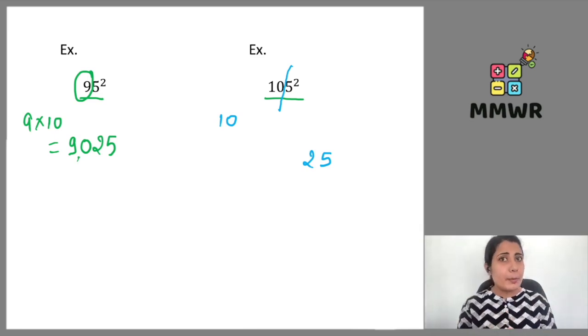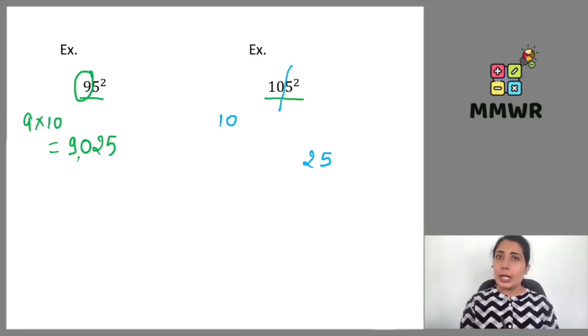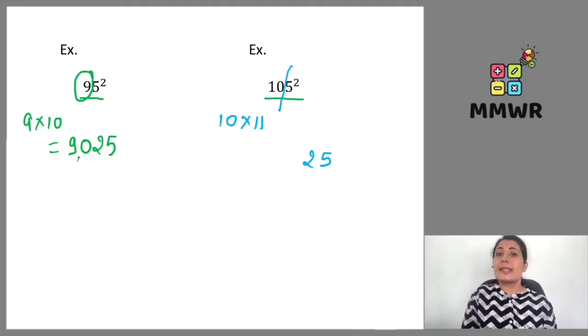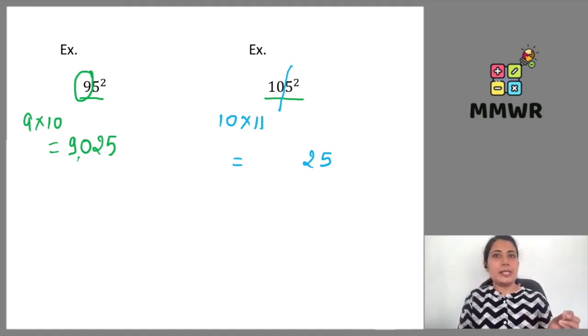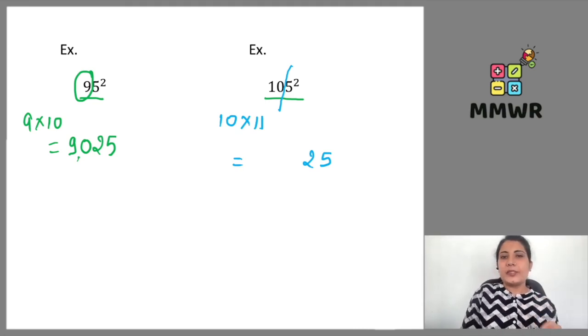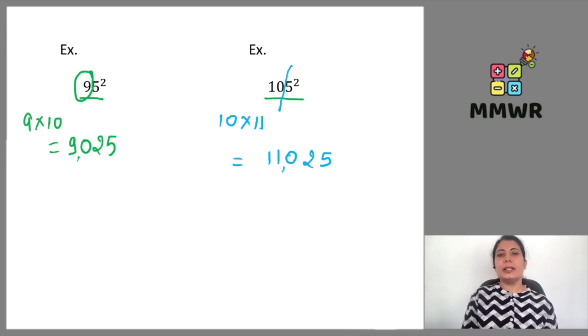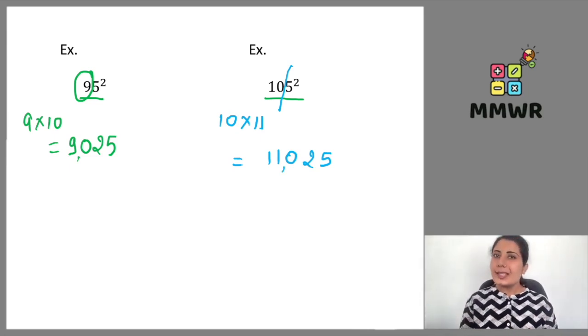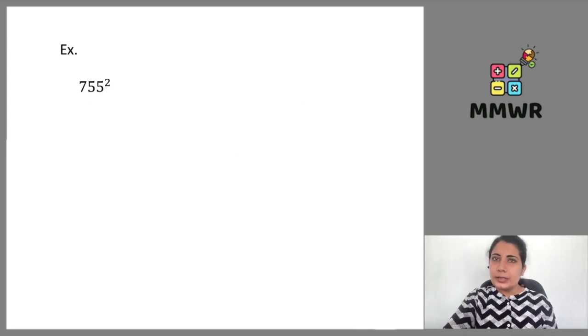Now this is the first number in which we are finding the square of a 3-digit number. So what we will be doing here? We'll be multiplying this 10 with the next number, which is 11. So 10 multiplied by 11 gives me 110. So the answer is 11,025, which is the square of 105. Right? Is there any doubt?